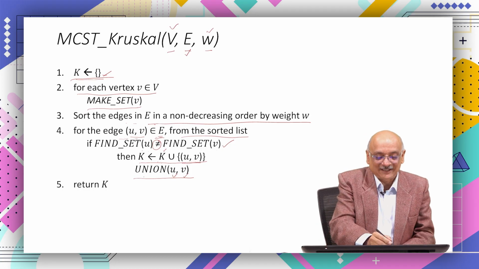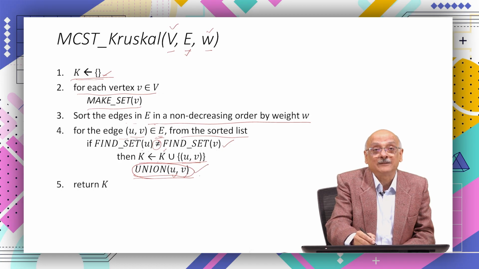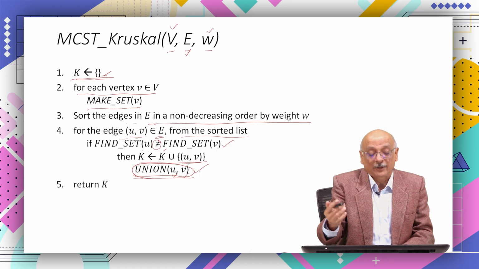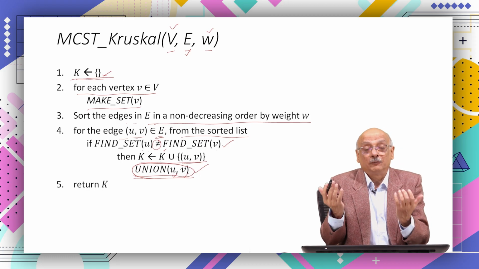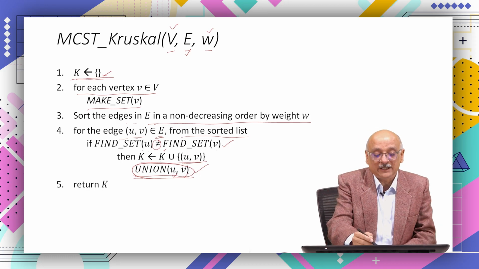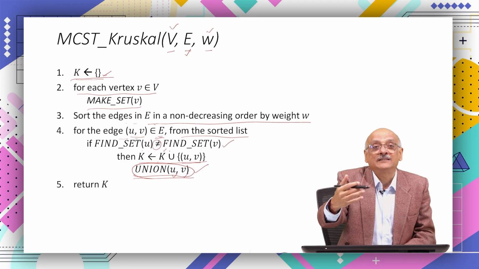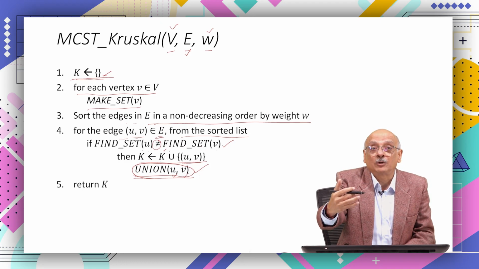So, this is a very important step. I think you will understand it better when we do the example. But this is a very important step which will be combining the 2 sets of vertices, which have now been put into this particular set of edges which forms the minimum cost spanning tree.